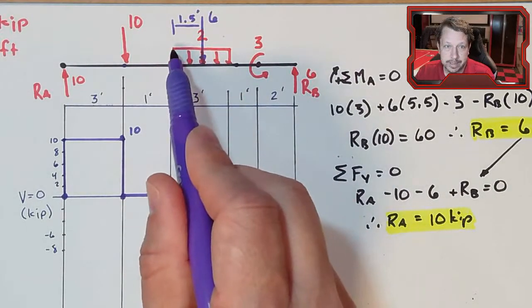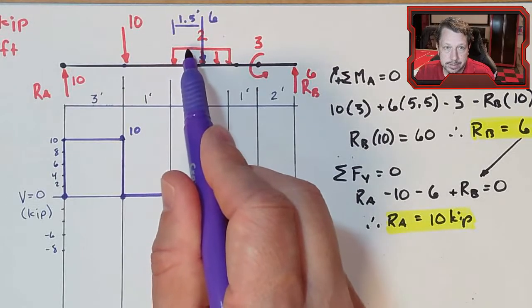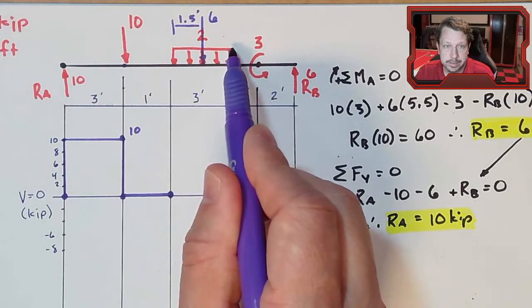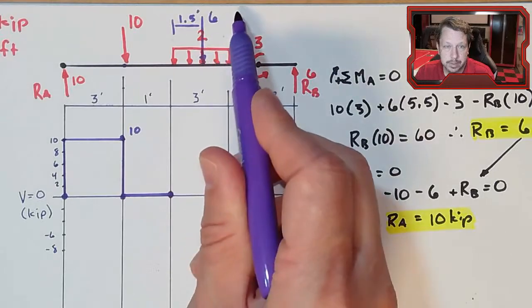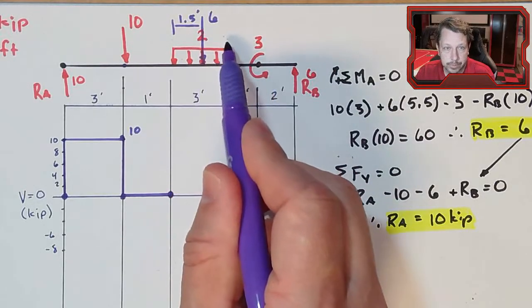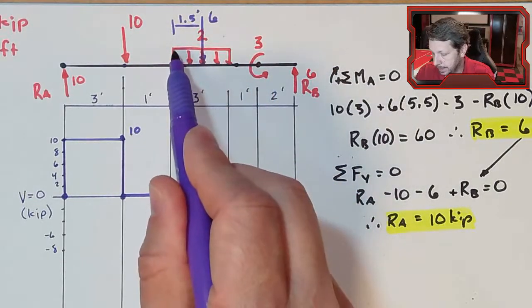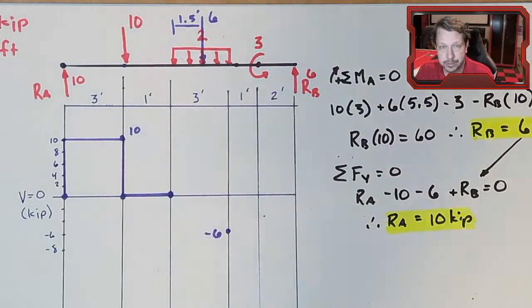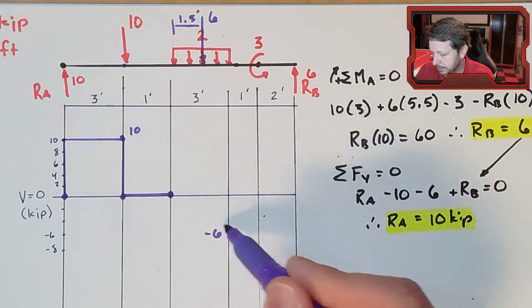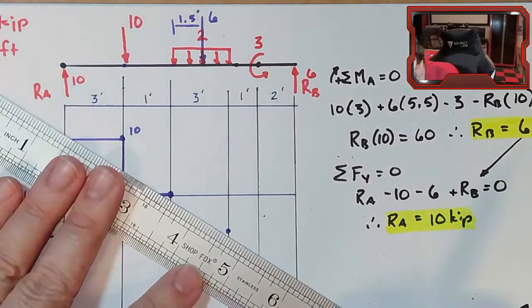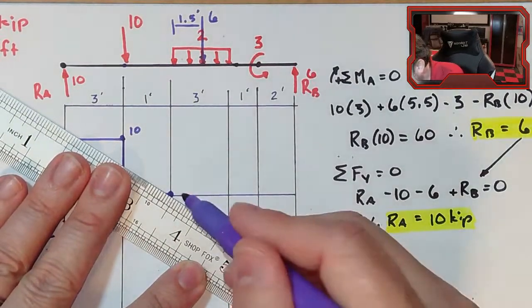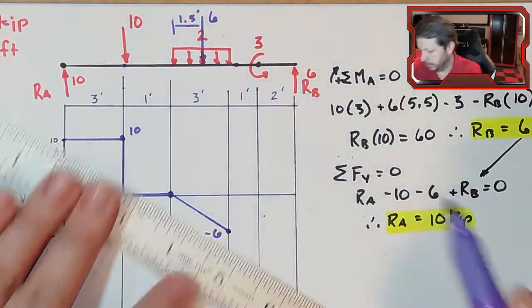So if I have a constant distributed load, it doesn't increase, it's not going up, it's not making some curve or whatever, then it's a constantly evenly distributed load. Then I have a constant slope here. So I draw a straight line between those points.